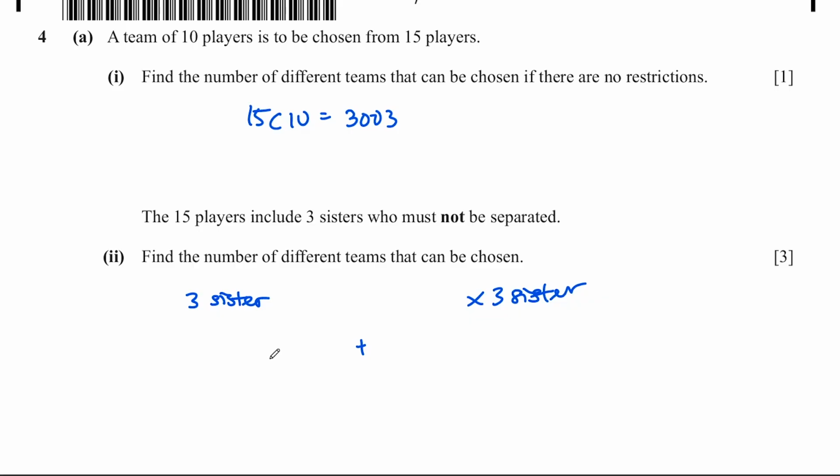So you still have seven left, and how many else can you choose from? It will be 12. If without the three sisters playing, you have 12 people to choose from, and you still have 10 slots on the field. So that will be the two cases, and you can type this into your calculator also. So we get 858 different ways.